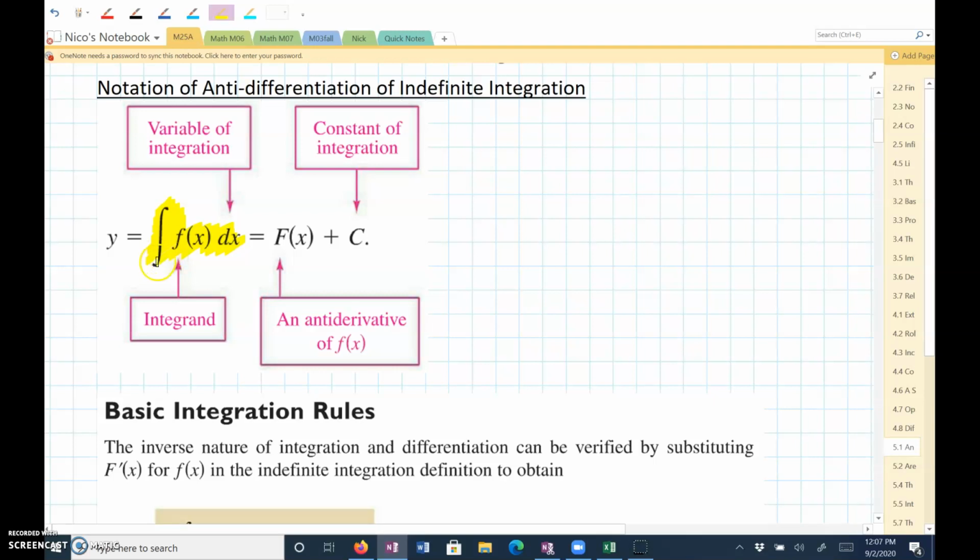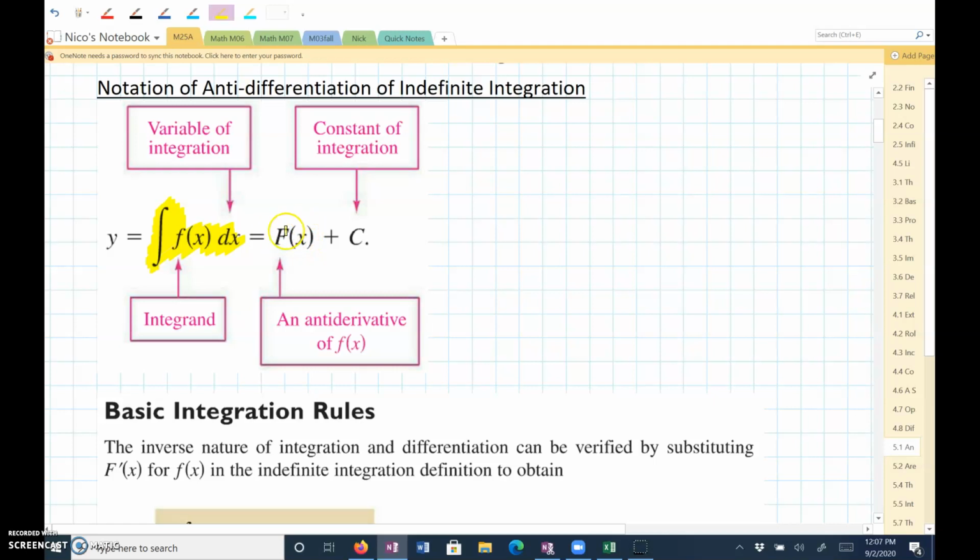So the integral, this big S here, is the integral of f of x dx. And the result would be the antiderivative.